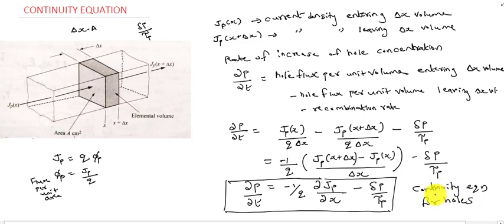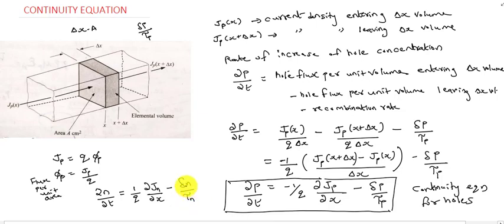Similarly, we can write the continuity equation for electrons, that is dou n by dou t equal to, replacing q by minus q, the charge of electrons. Then minus minus will become plus, so we get plus 1 by q dou Jn by dou x minus del n by tau n.